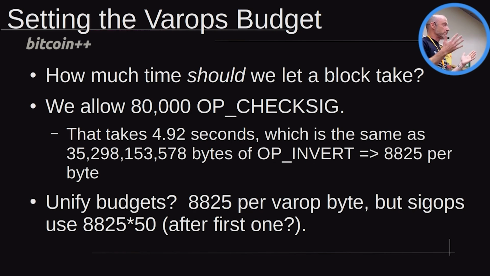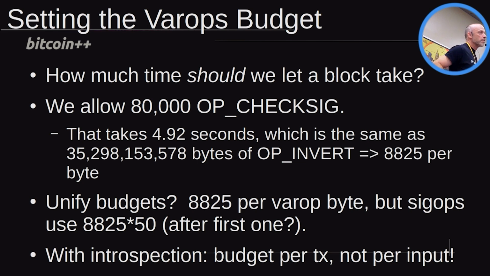So really, it makes sense to combine this into one budget again and go, well, whatever you get for 50 bytes, you can do a check sig, and it will come out of the same budget, right? So we unify the budgets at that point. Now this is important, to look forward a little bit and presage later on in my talk.